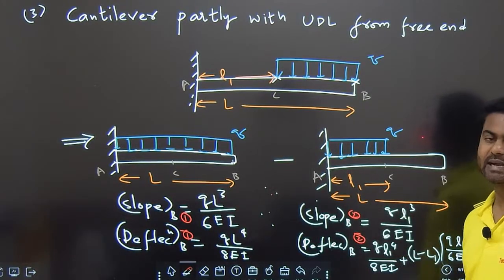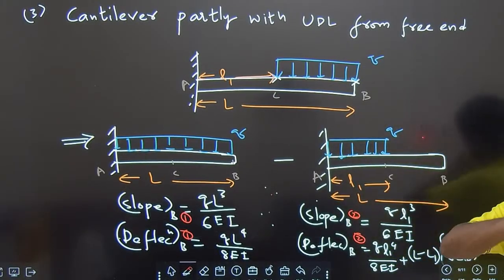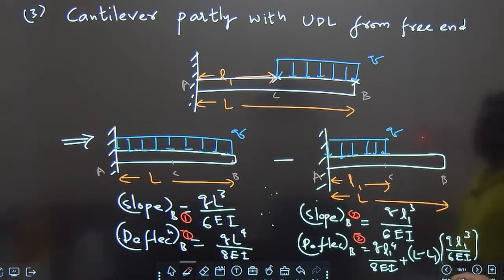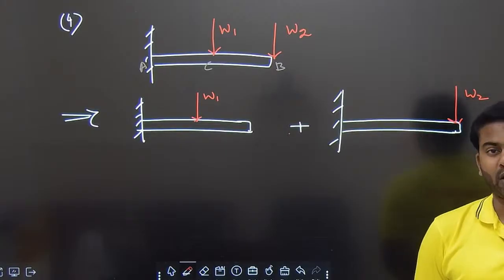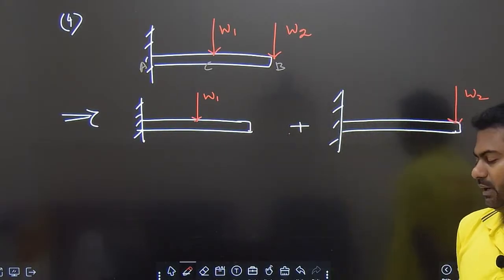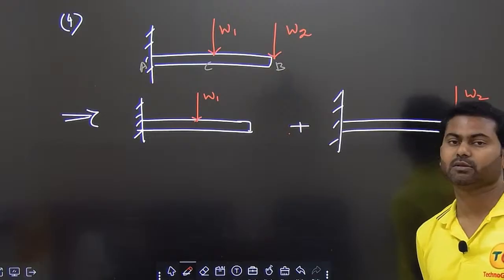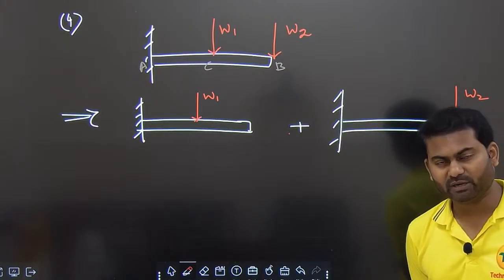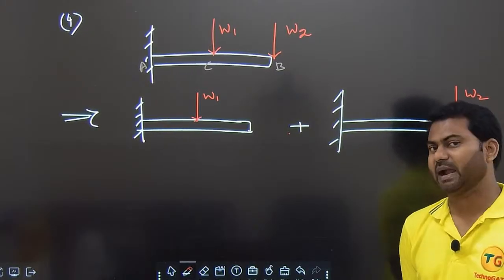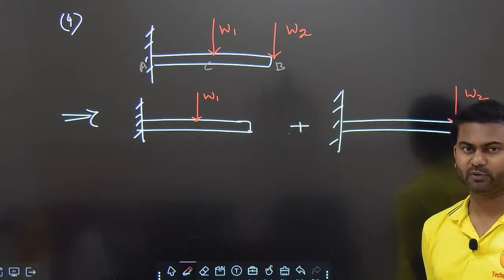So these are all the standard cases where you will be applying the double integration method only to some extent. For the remaining, you should apply this logic, slope and all those things, by addition and subtraction. Otherwise, if you want to apply the next chapter's method, that is called Macaulay's method. Ideally Macaulay's method should be applied, but it is so difficult, the calculation becomes so lengthy that even during your engineering final year you will not be able to solve it. You should be able to handle the Strength of Materials subject till you pass it in your engineering second year. So that is the matter. Once you do this you will be able to get the answer.